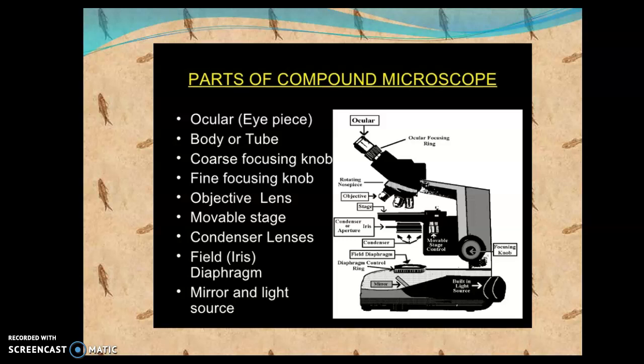Before that, I would like to describe the parts present in a compound microscope. These are all the parts present in a simple light microscope. This is the eyepiece, this one is the body tube, and next is the coarse adjustment. This one is the objective lens, this is the stage where our specimen is placed, and this one is the normal condenser lens.